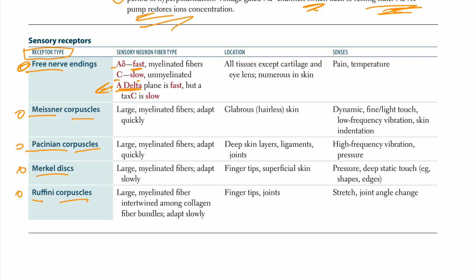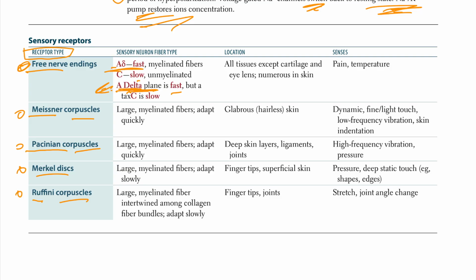So the plane is fast, but the taxi is slow. Plane is for sure fast and taxi is for sure slow. So C is going to be slow and A delta is going to be fast.